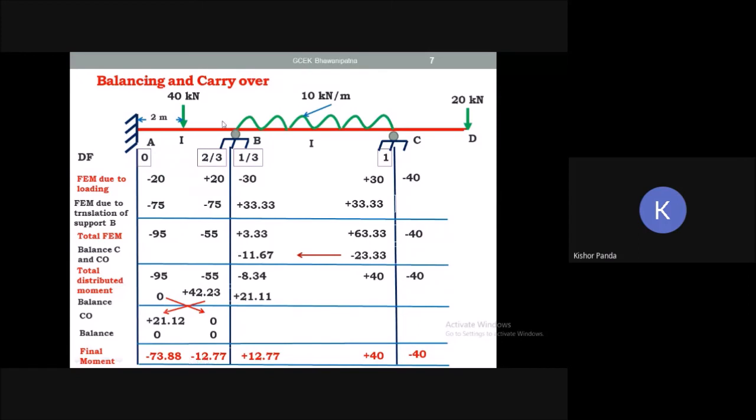So here also you have to take anti-clockwise. And here you got plus 12.77, that you have to give clockwise. Then here you got plus 40, this is clockwise, and here you got minus 40, this is anti-clockwise. So these are the directions of the moment. So after knowing the direction of the moment, then you can draw the bending moment diagram.